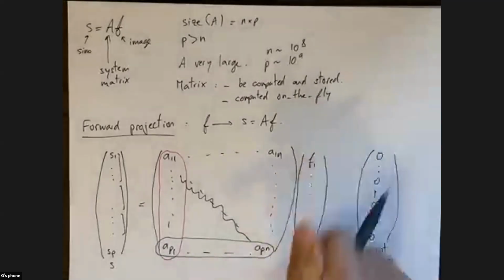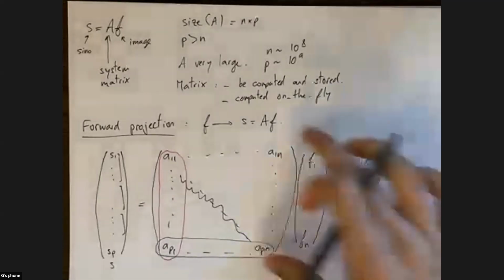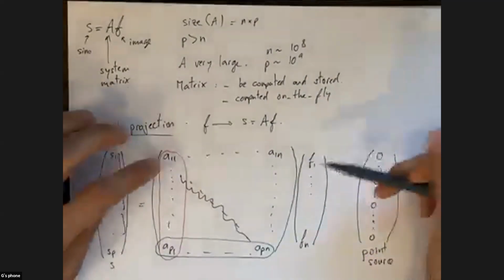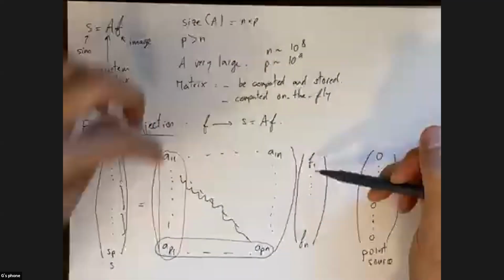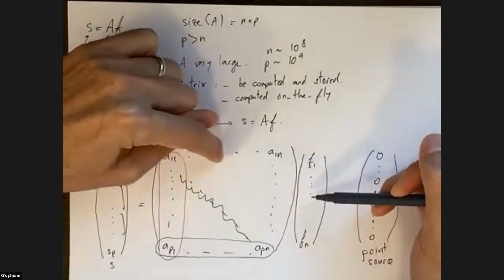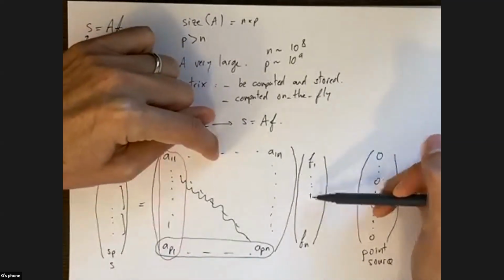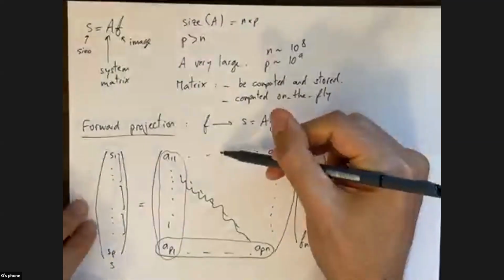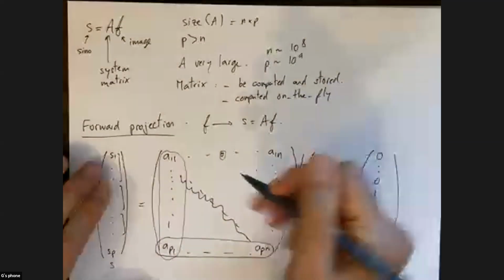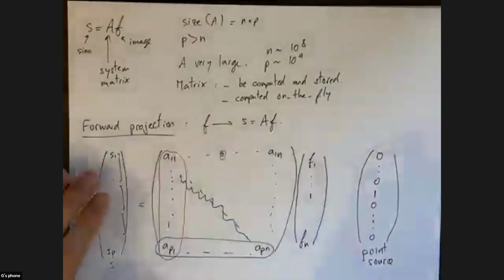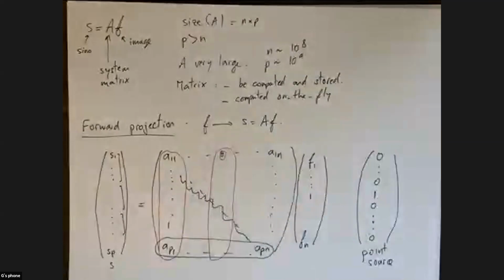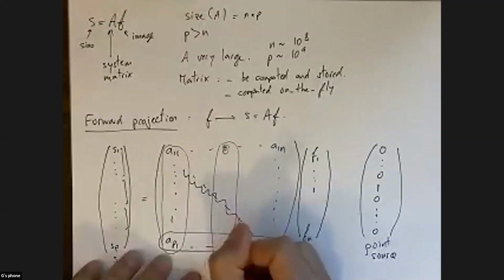If we set a point source in the field of view of the scanner and apply the matrix to it, then in the matrix-vector formula everything will be 0 except for that one column. Each time we get to the 1, we use this coefficient, but all the other ones are zeroed out. So we end up using all the coefficients that correspond to a single column here. And this is called the point spread function.